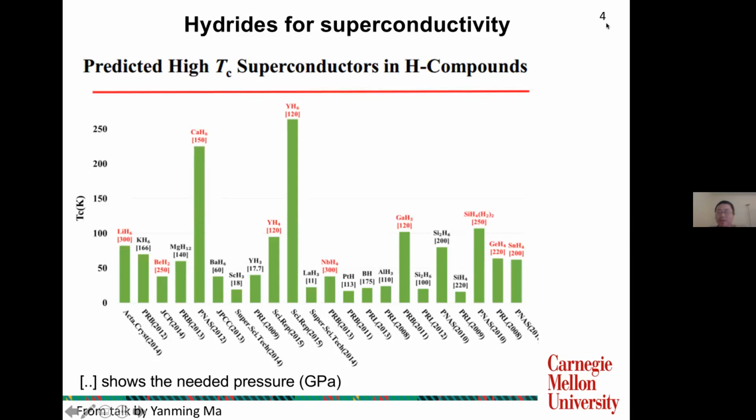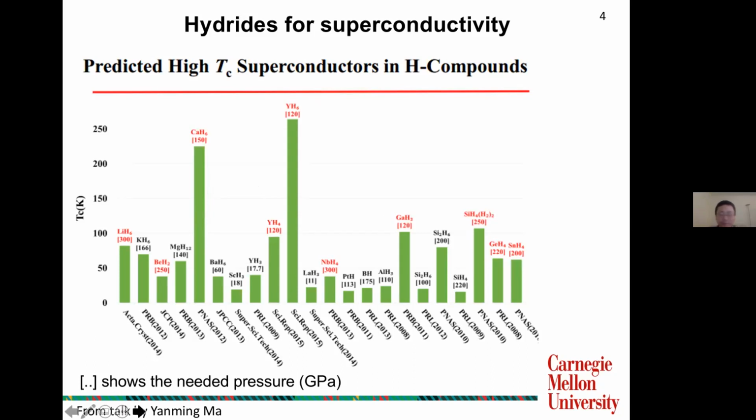Actually, people have studied all of the binary systems in previous years. You can see that although they have achieved quite high critical temperatures, usually the required pressure is very high, often above 100 gigapascal. So it's a little bit challenging for application.